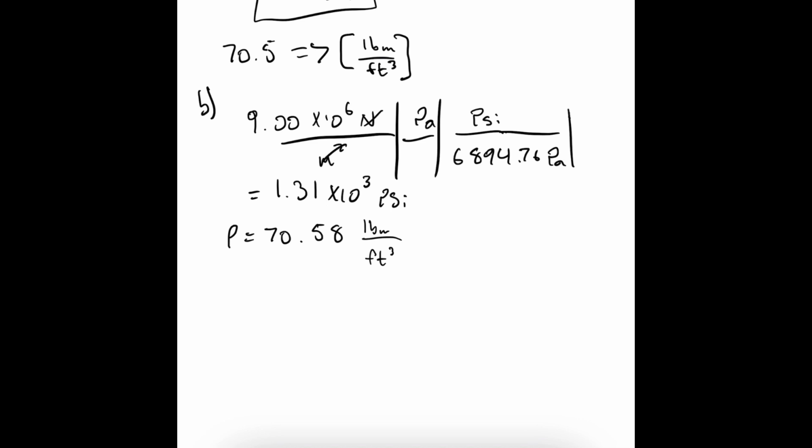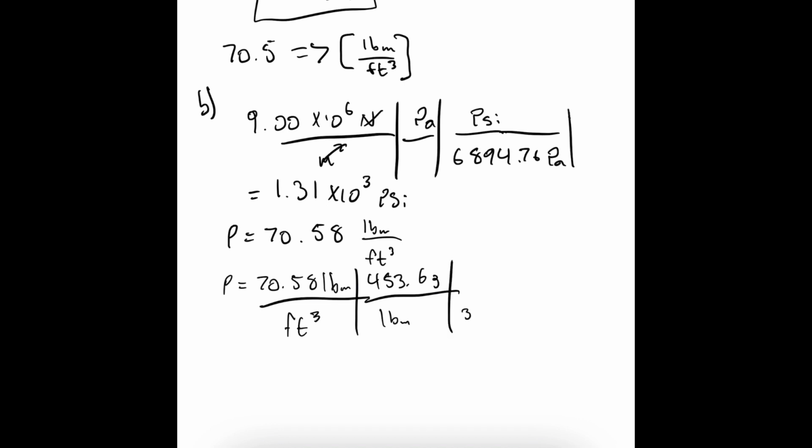Now we need to convert the density into what? Grams per cubic centimeter. So 70.58 pounds mass per foot cubed, times 453.6 grams per pound mass.